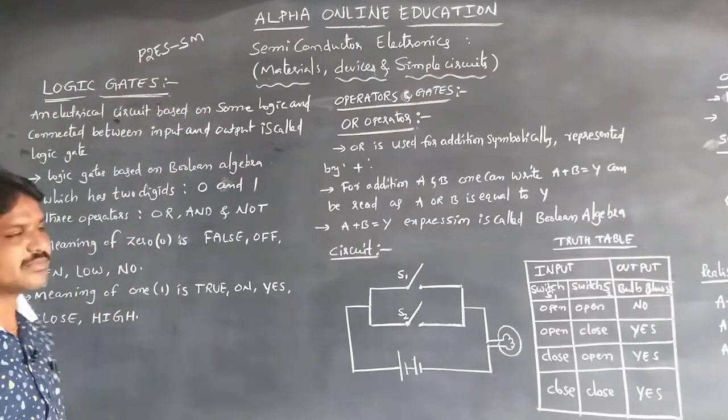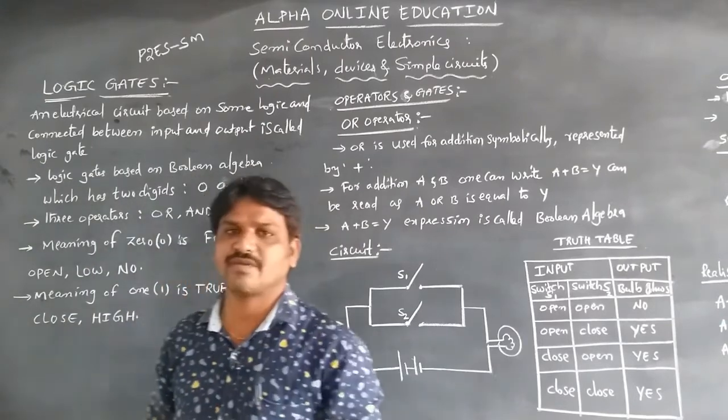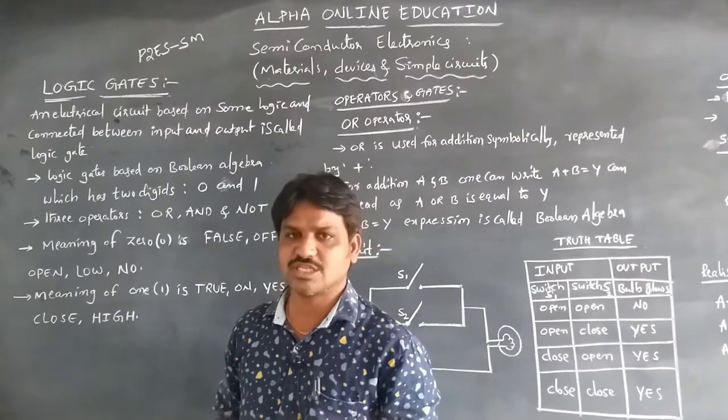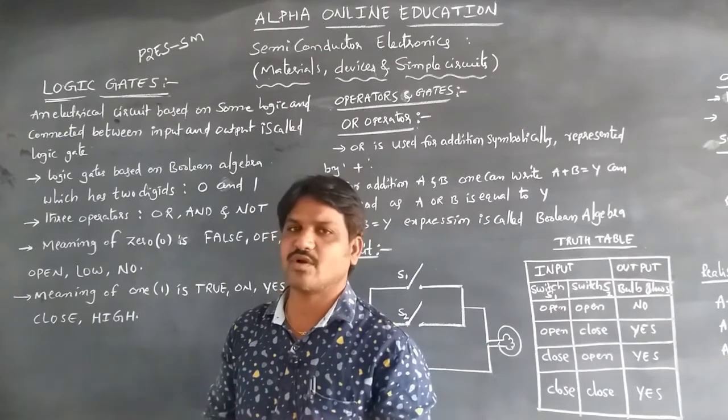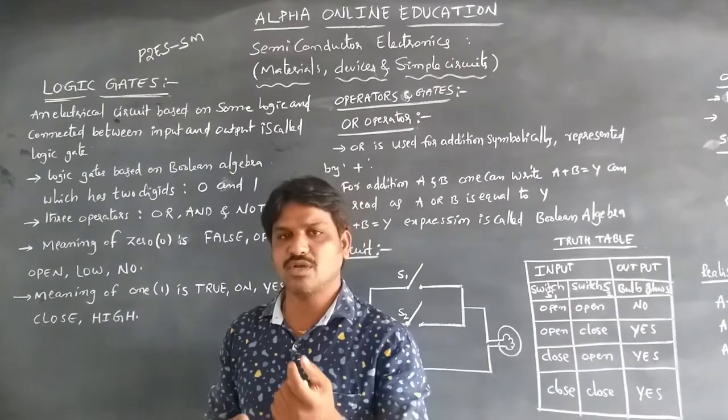Logic gates are based on Boolean algebra, because Boole invented the logic gates. So whatever output we get is called the equation, or Boolean algebra.